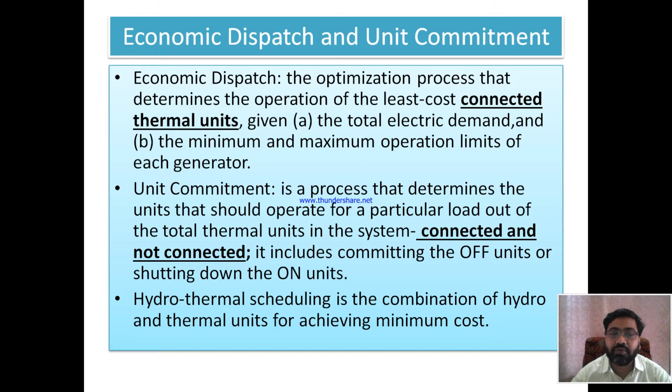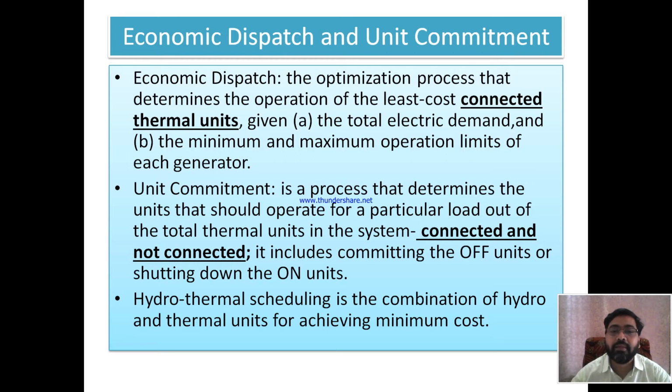The basic difference, therefore, is that economic dispatch is confined to already running generators. Unit commitment takes all the units into consideration. Hence, it deals with the running cost and startup cost of a unit, or shutdown cost of a unit also.